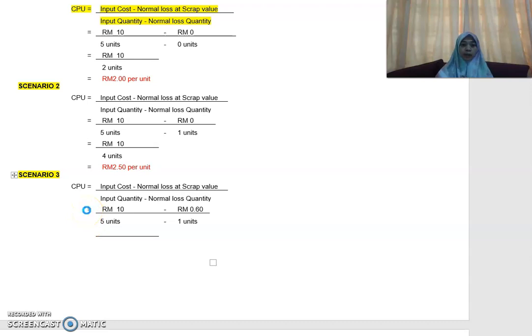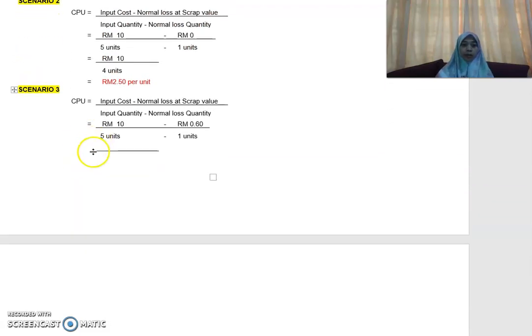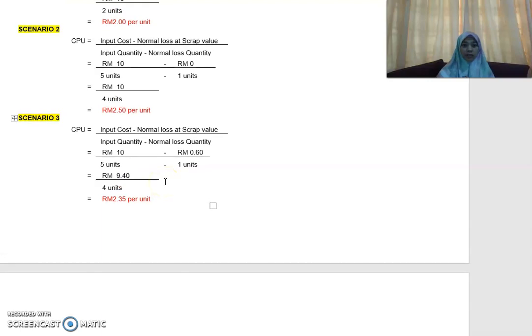So what happens to your CPU? It is 10 ringgit minus 60 cent, divided by four good units, so the cost per unit becomes 2 ringgit 35.